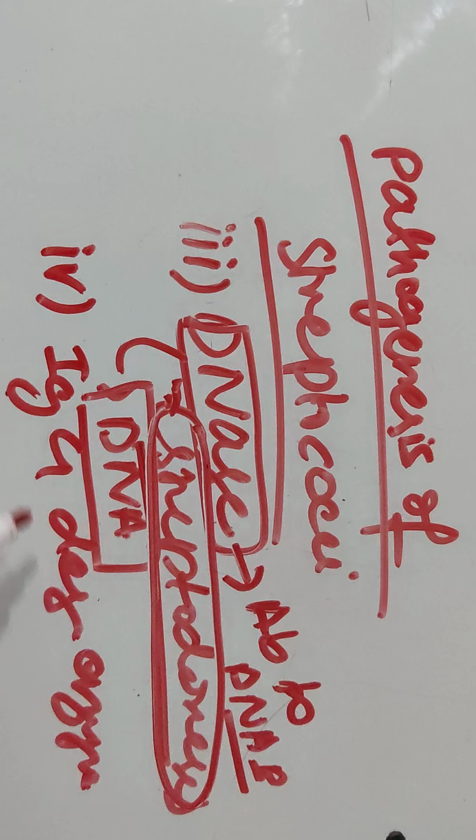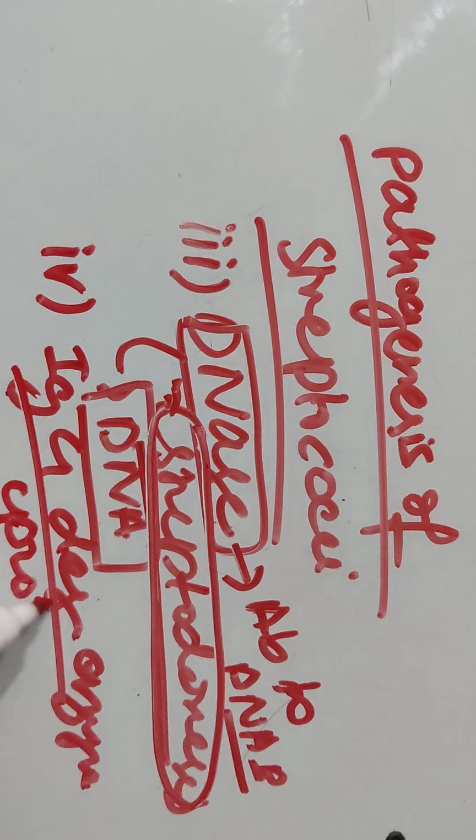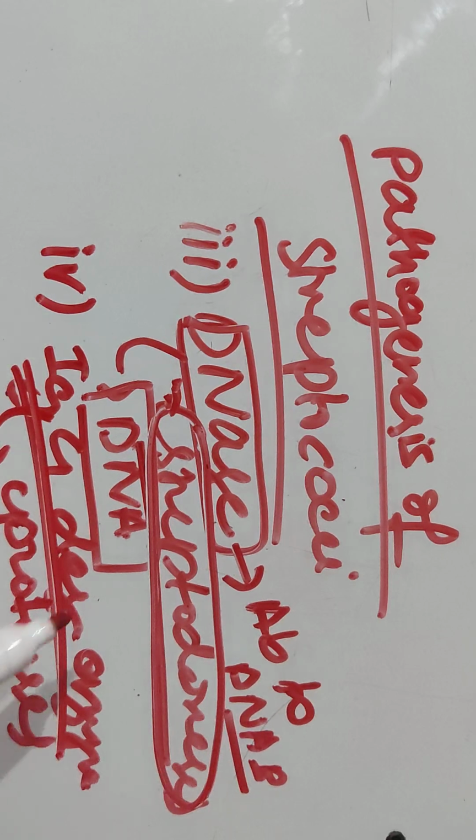Fourth enzyme is IgG degrading enzyme. Basically it is a protease that specifically cleaves IgG heavy chain. This prevents opsonization and complement activation. Therefore, it has important role in enhancing the virulence of the organism.